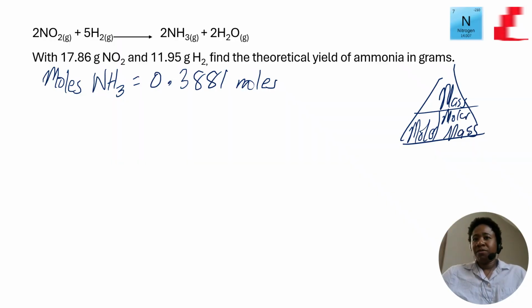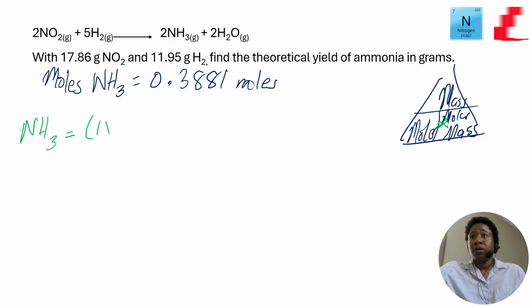And I'll refer to the triangle where moles is equal to mass over molar mass. The top is a fraction bar and below is a multiplication sign. Let's calculate our molar mass for ammonia. We know that we have 1 mole of nitrogen. The molar mass of nitrogen is 14.007 grams.